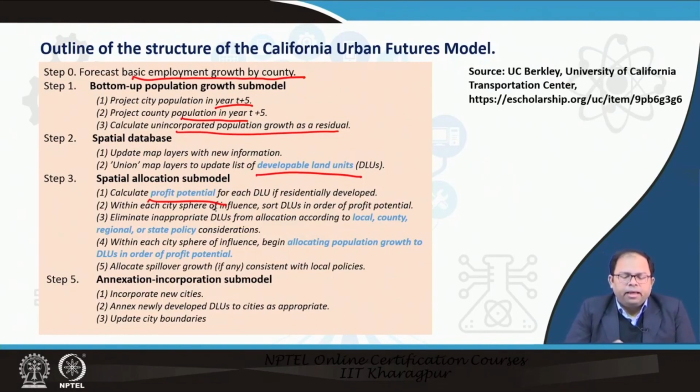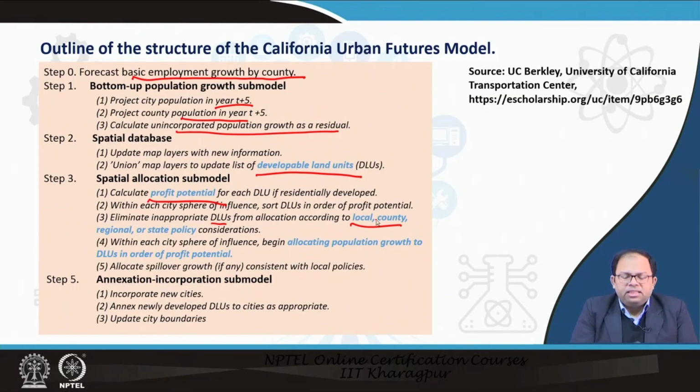Once we consider that, we can eliminate the units where there are laws preventing development, which, as I told you, could be a wetland, so you cannot develop in that unit even though it would have been profitable.